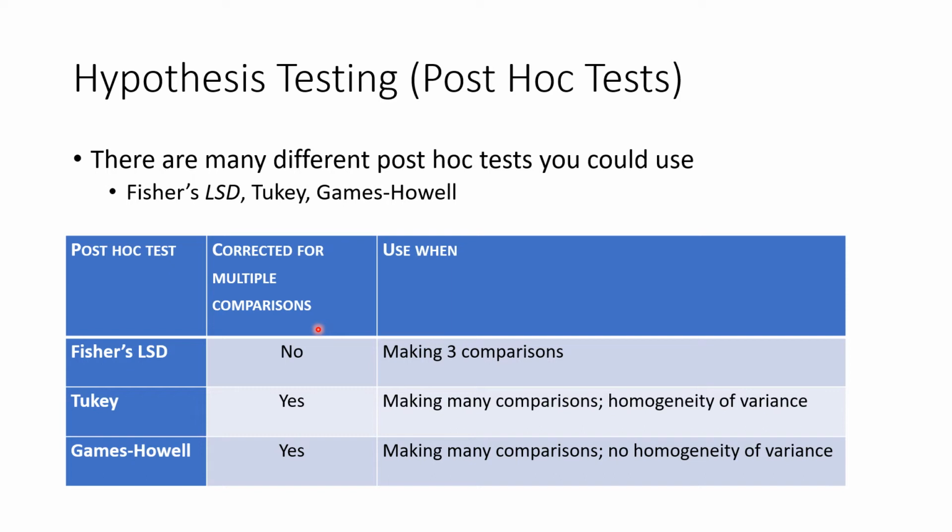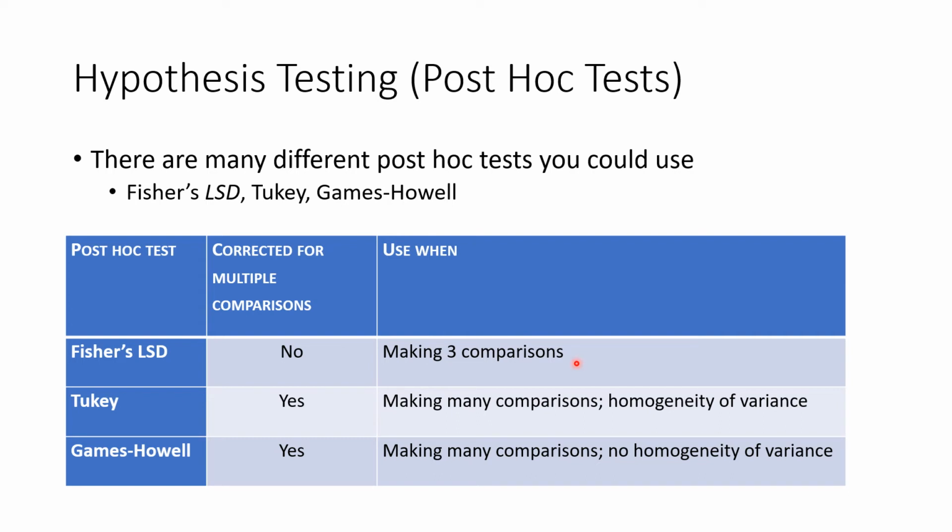So a lot of statisticians, a lot of follow-up tests, post hoc tests, try to correct for that potentiality by giving an adjustment to the p-value for a post hoc test. The LSD does not do that, and the logic behind not correcting for it is generally people try to use the LSD only when they're making a very small number of comparisons, basically with 3 groups.